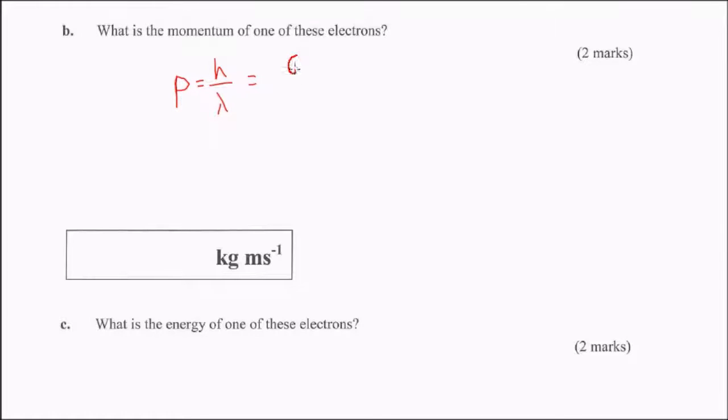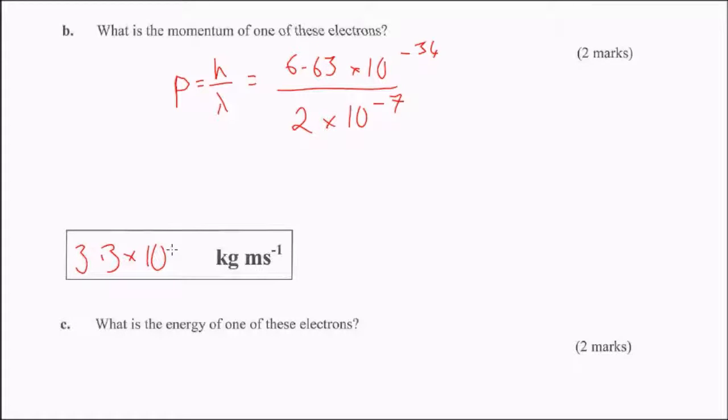So the Planck's constant we use is 6.63 times 10 to the minus 34, divided by the wavelength, 2 times 10 to the negative 7. And we end up with 3.3 times 10 to the negative 27.